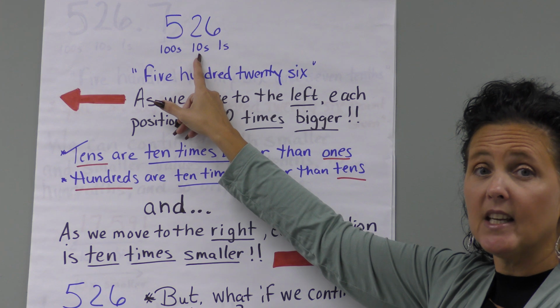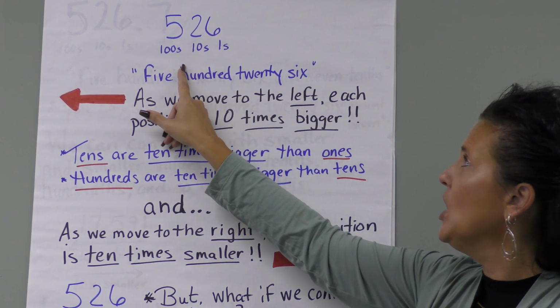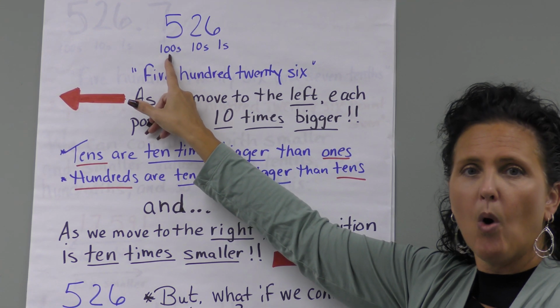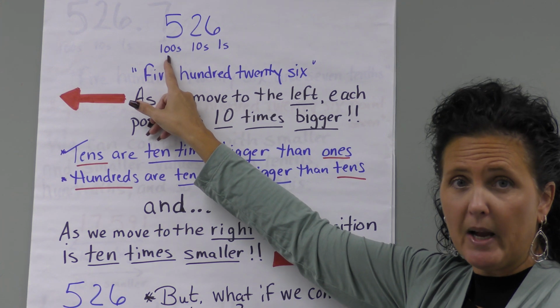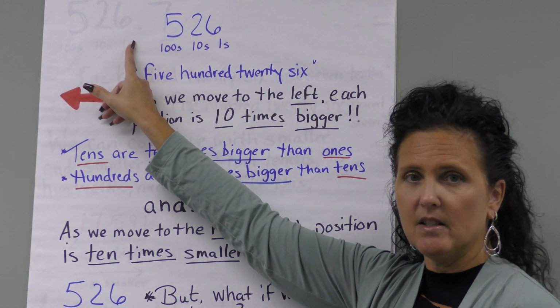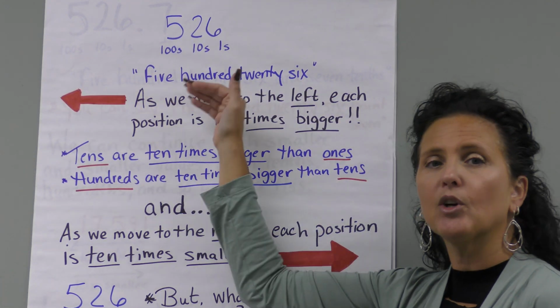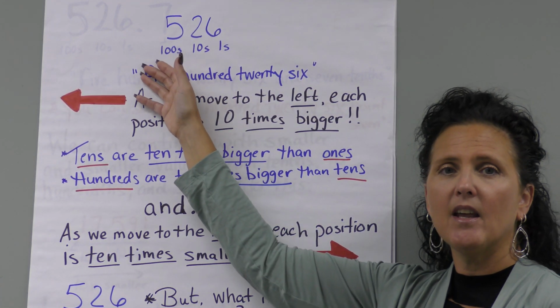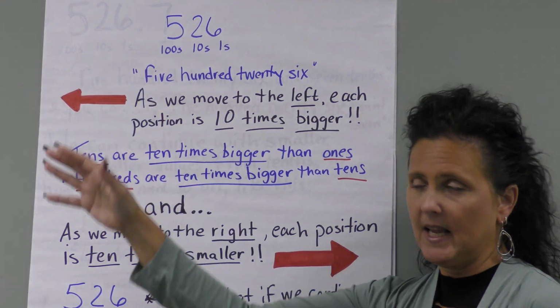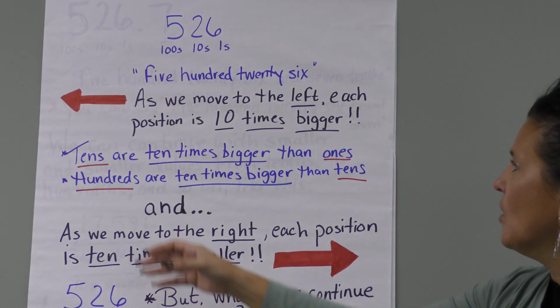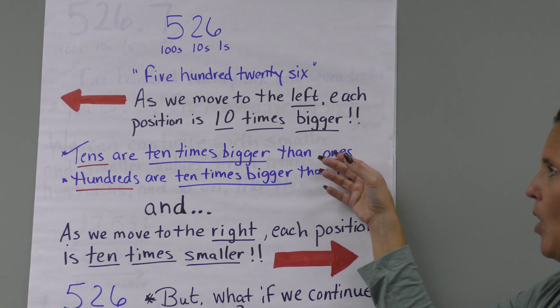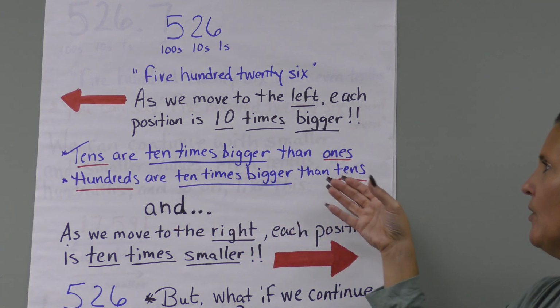If we have tens here and we multiply by 10, we get hundreds, right? What would happen if we multiplied hundreds by 10? We would get thousands, and so on. So as we move to the left, we're increasing our number by 10 times bigger each time. So tens are 10 times bigger than ones, and hundreds are 10 times bigger than tens.